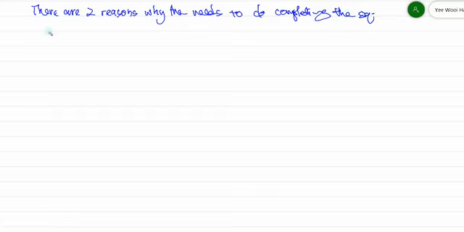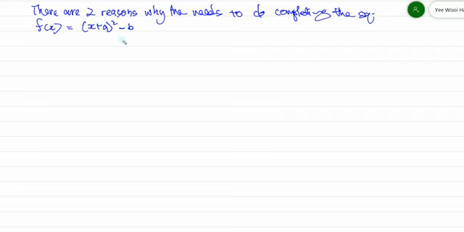One of the major reasons is to find the xy coordinates of a quadratic function. For example, if you convert a function into, let's say, (x plus a) squared minus b.